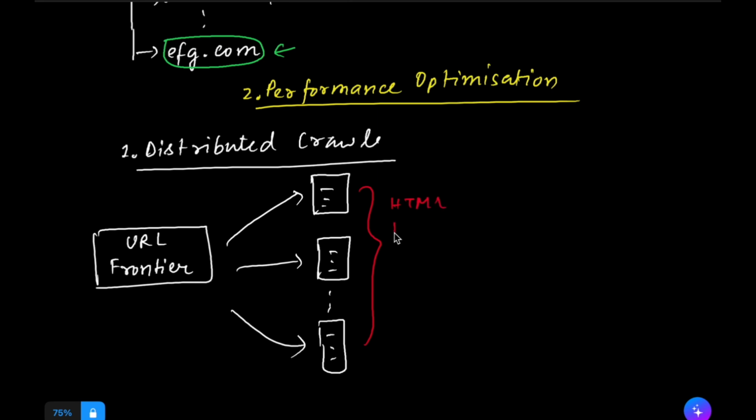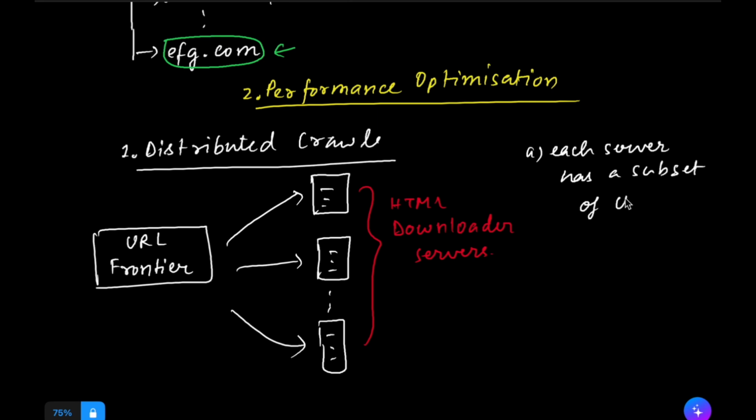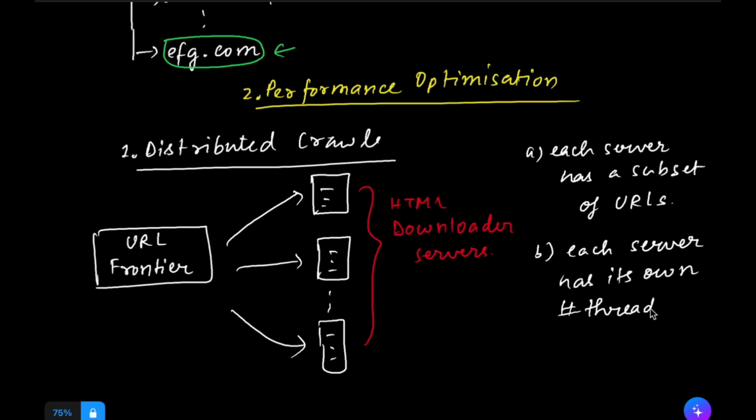These are my HTML downloader servers, and each server has a subset of URLs. Along with that, each server has its own number of threads, which helps to download the web pages.